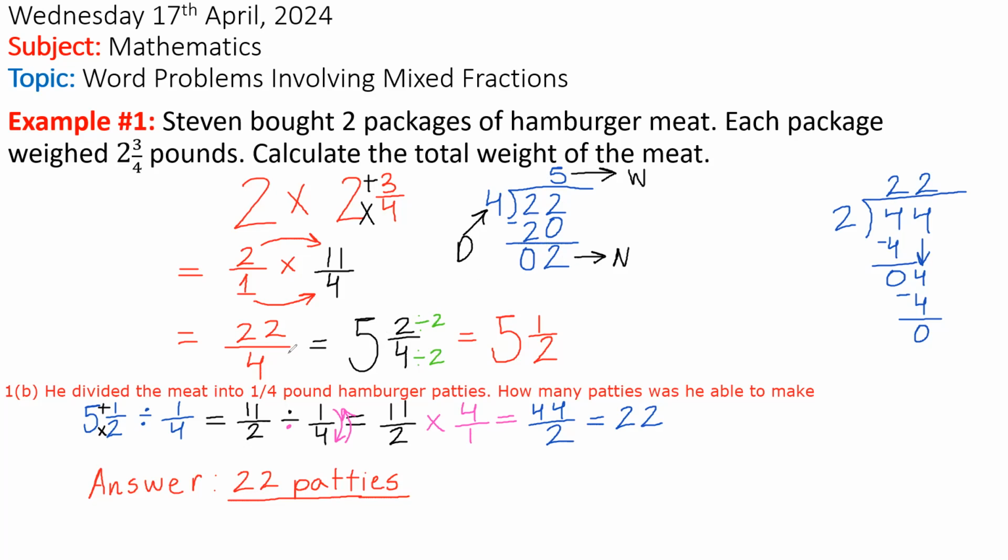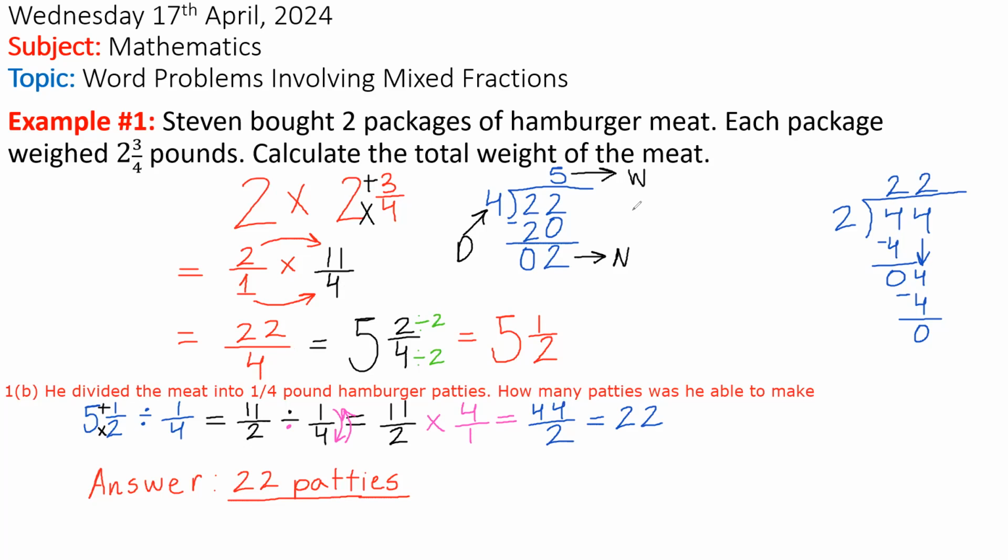Now, Aliana, can you read question 1B and explain how we got 22 patties? Aliana, are you there? I can't hear from Aliana.